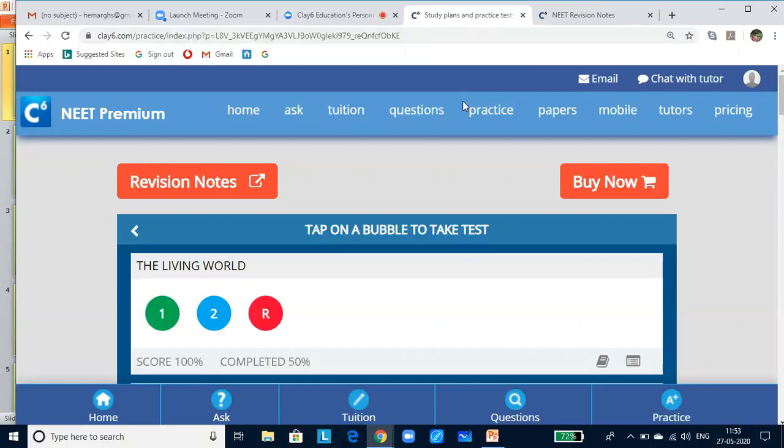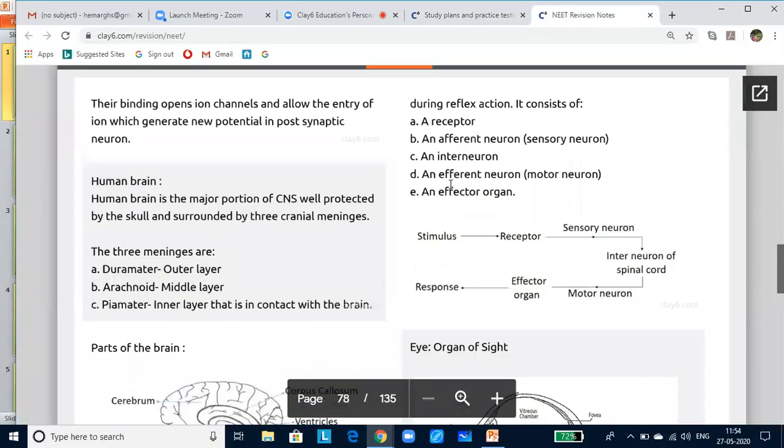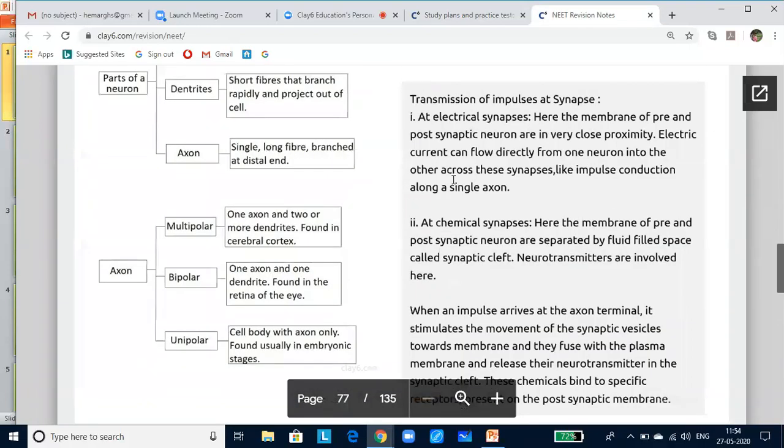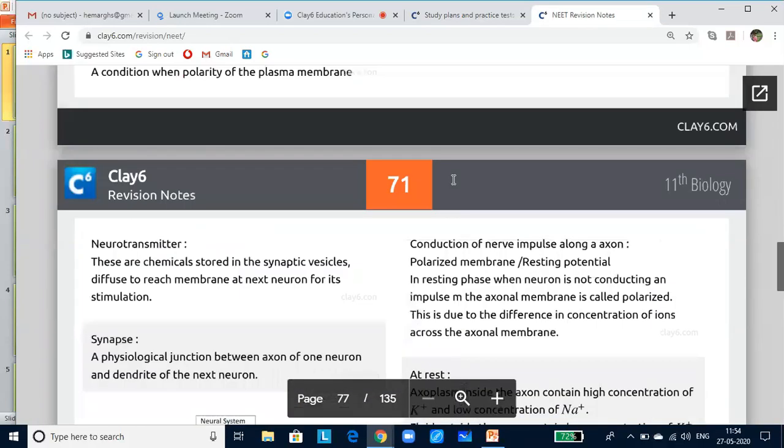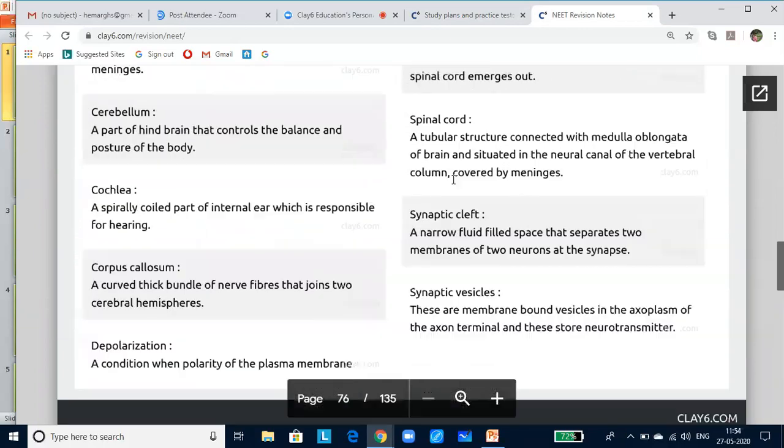So in this website, an earnest attempt has been made to help you prepare adequately for your NEET. I hope now you have got the framework, and let me begin with the lesson. So this is the chapter, and if you look at this PDF, we have put almost everything in such a way that it becomes very easy for you to learn.